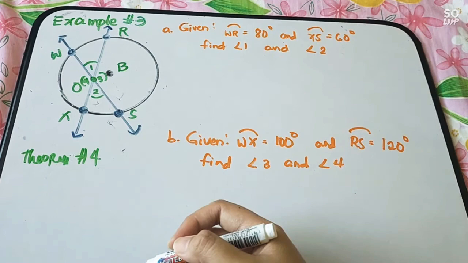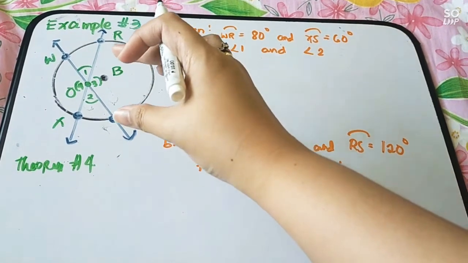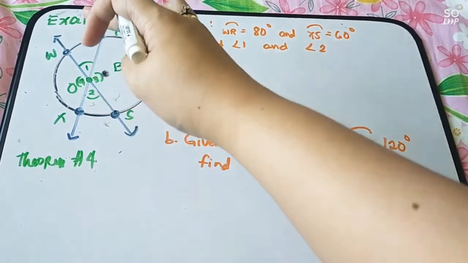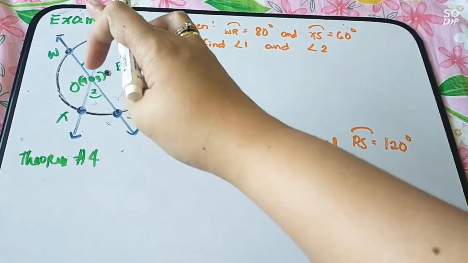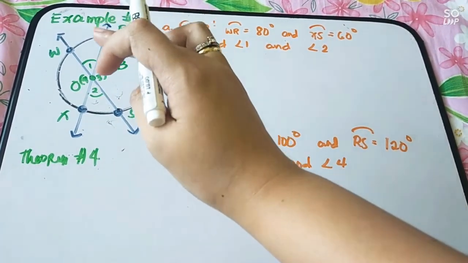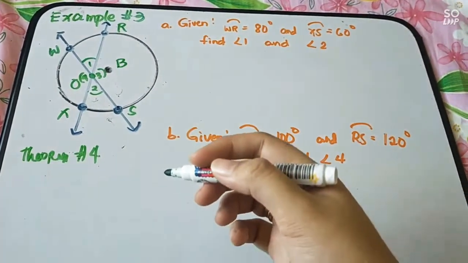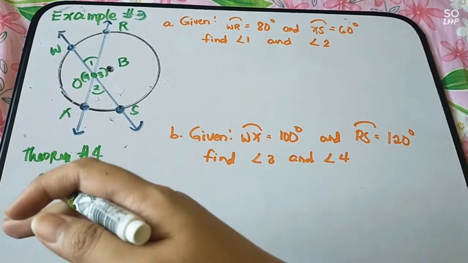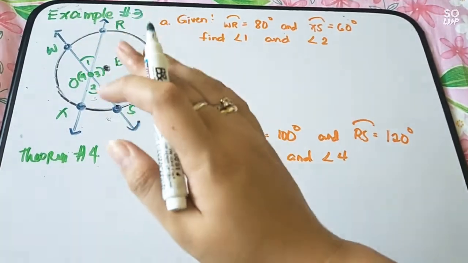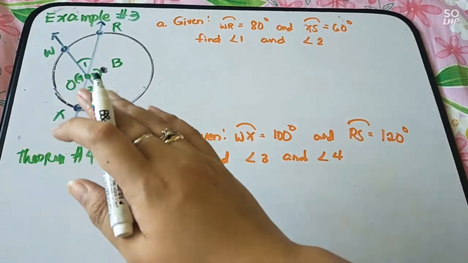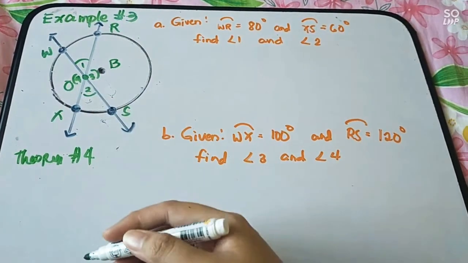In this theorem, yung kanyang angle formed ay equal to the half of the sum of the intercepted arcs of the angle formed and its vertical angle, 'di ba? Sum naman. So, yung kanina, difference. Ngayon, sum naman. Basta kapag nasa labas yung kanyang point, difference yon. Kapag nasa loob, sum naman yon.